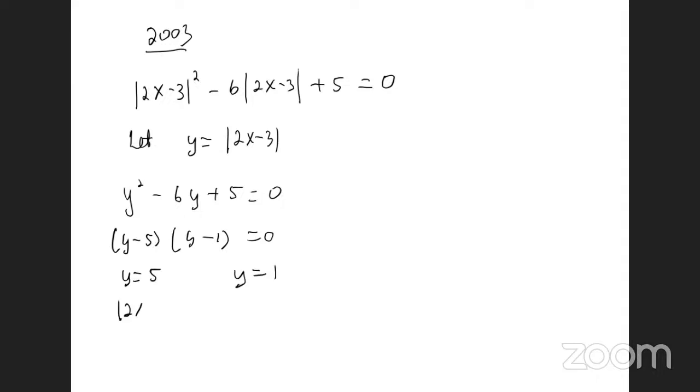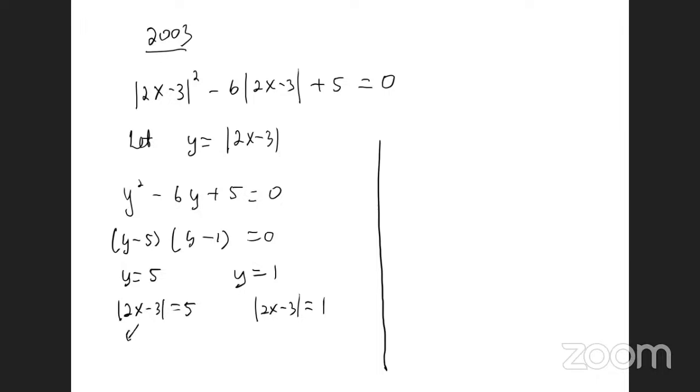So 2x minus 3 is 5, and 2x minus 3 is 1. You're doing it twice, so you should get 2 answers, sorry, 4 answers.